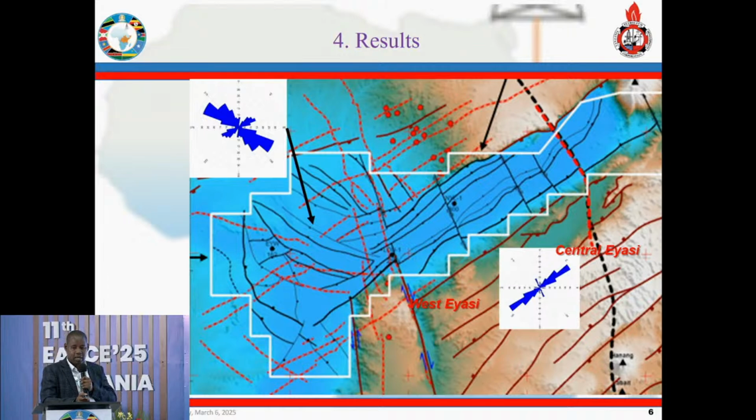But most of this area is covered by volcanoclastic sediment. It means that the sediment which forms the basin comes from the clastic part, but also from the volcanic activities from Ngorongoro and other areas. So that's why we call it volcanoclastic sediment.